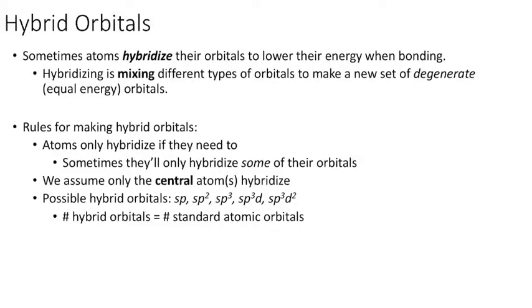Ultimately, what you get is 5 possible hybridization schemes, and we won't look at all of these in detail in this video because that would be kind of overwhelming, I think. But they are sp, sp2, sp3, sp3d, and sp3d2. And I'll tell you which type of molecules each of these hybridization types corresponds to in just a minute. The one thing that you should know is that the number of atomic orbitals that you put in does equal the number of hybrid orbitals you get out.